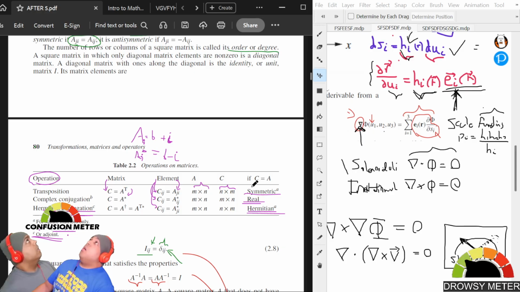If C equals A, that means transposing it and applying conjugates didn't do anything. It's for sure square, because that's the only way M times N is N times M.